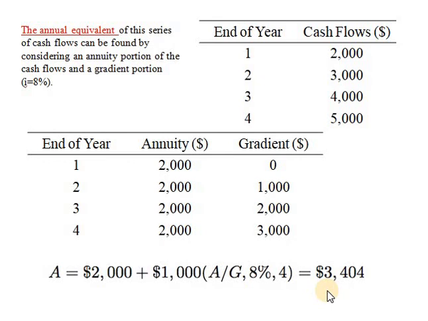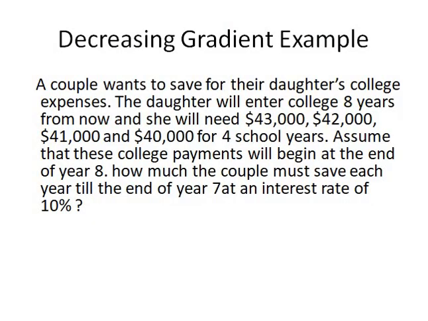So in case of arithmetic gradient, you can calculate the present equivalence of it or the annual equivalence of it easily by direct application, as we saw. Now let's consider a case of a decreasing gradient. In this example, we have a couple who wants to save for their daughter's college expenses. The daughter will enter college 8 years from now.